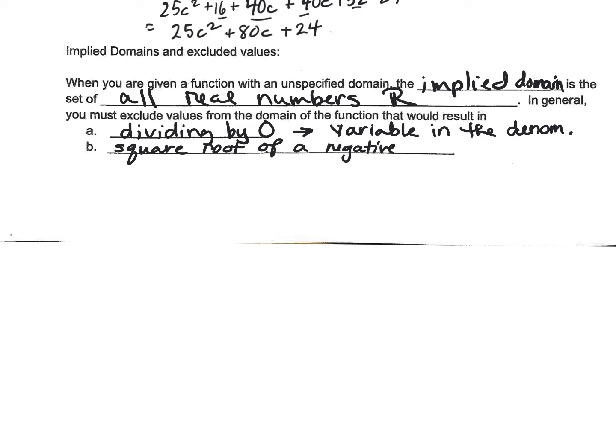Now I'm going to show you some examples of what that would look like. There are 3 possibilities you will see from those 2 things. Let's look at A. F of x is equal to 1 over x minus 3.